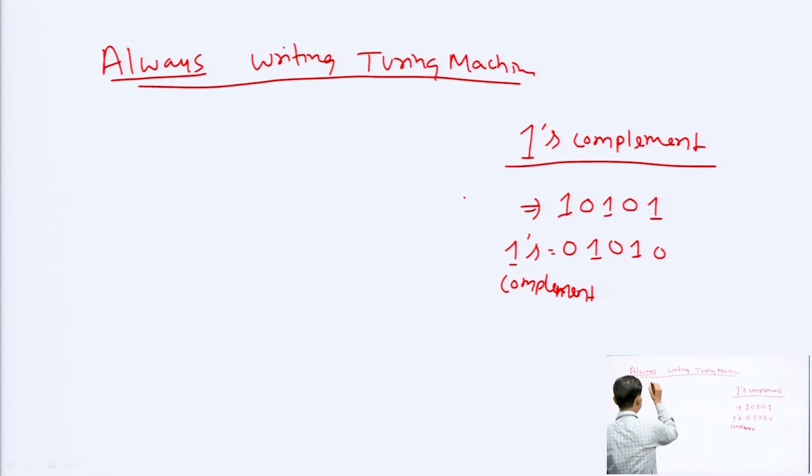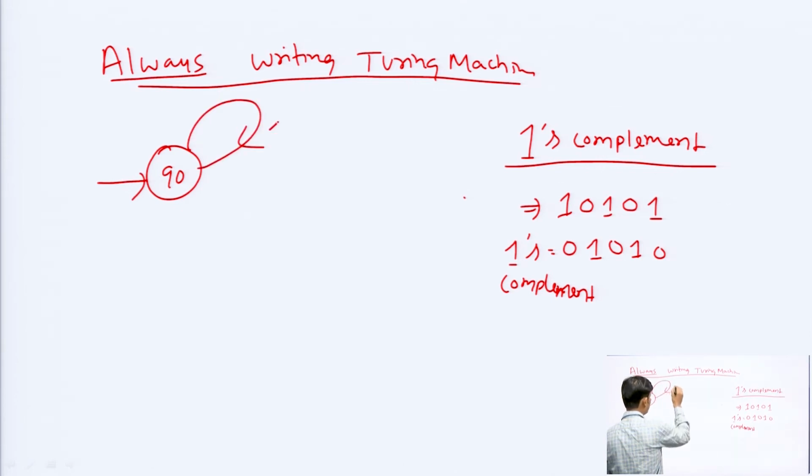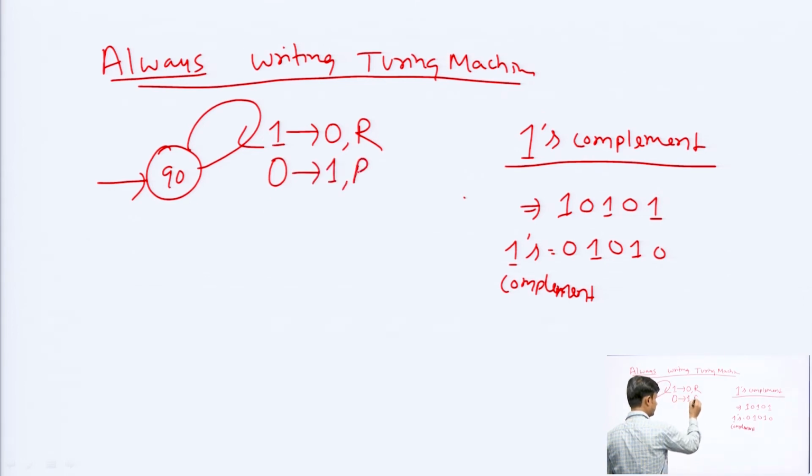So, your input is, I have taken input here, this is Q0. Now if you read 1, then replace it with 0 and move right, then if 0, replace it with 1 and move right.